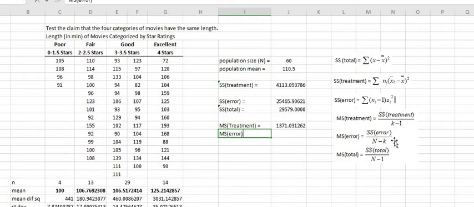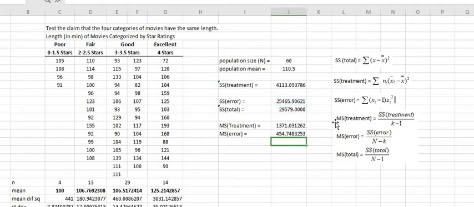Okay, SS error, we have this one divided by N minus K equals, so equals SS error, we have this one divided by, open parenthesis, our N here is 60 minus our K, we have 4 groups, so 4, close parenthesis, and then enter.